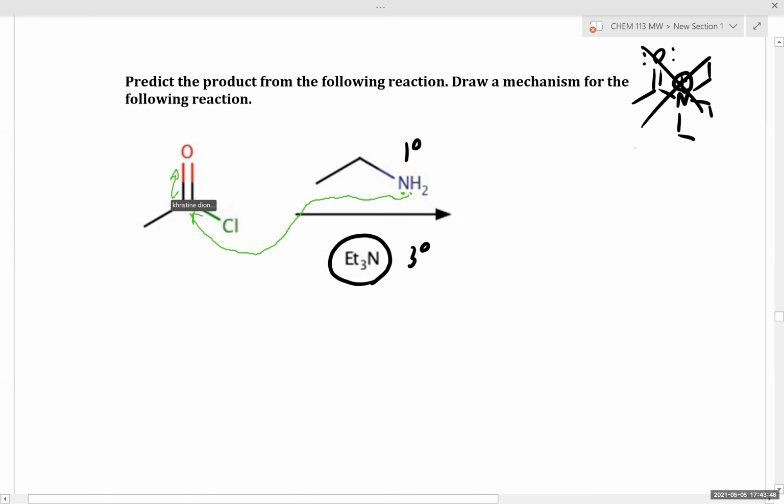So we have one student drawing the first step in this mechanism, which is attack of our nucleophile onto the electrophilic carbonyl carbon. We have a tetrahedral intermediate, and we have such a wonderful leaving group in the form of chloride. So we can kick out this wonderful leaving group and make our amide.